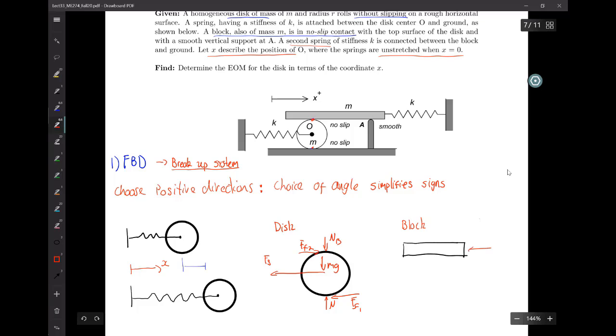So it's natural to make this choice. Let's call this one 1 and let's call this one 2, spring force 2. Now we have a normal force here, we have a normal force here, and the friction needs to be equal and opposite. And we have weight.